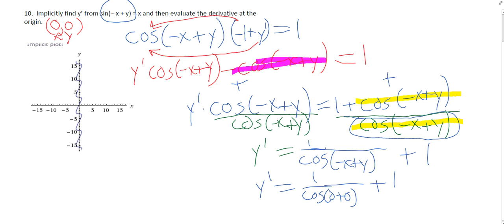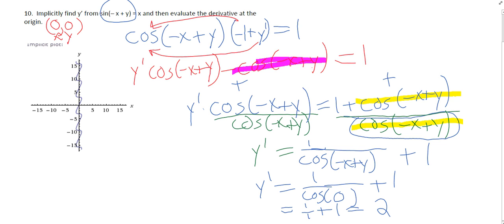You add the 0 plus 0, and that just equals the cosine of 0, and the cosine of 0 is equal to 1. So we have the fraction 1 over 1, plus our 1, which equals 2.